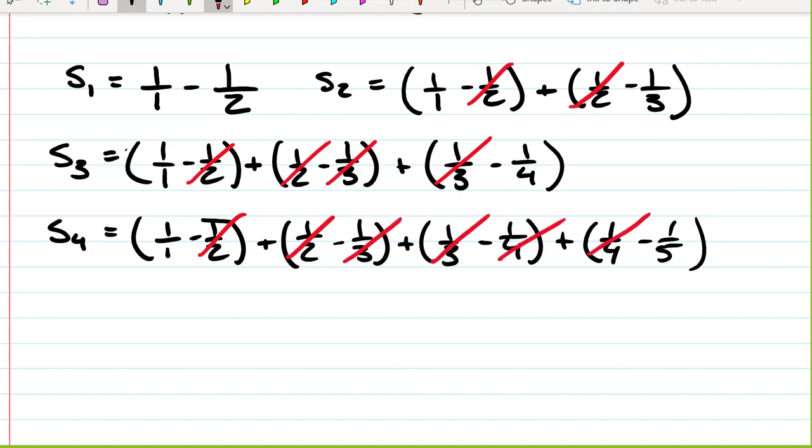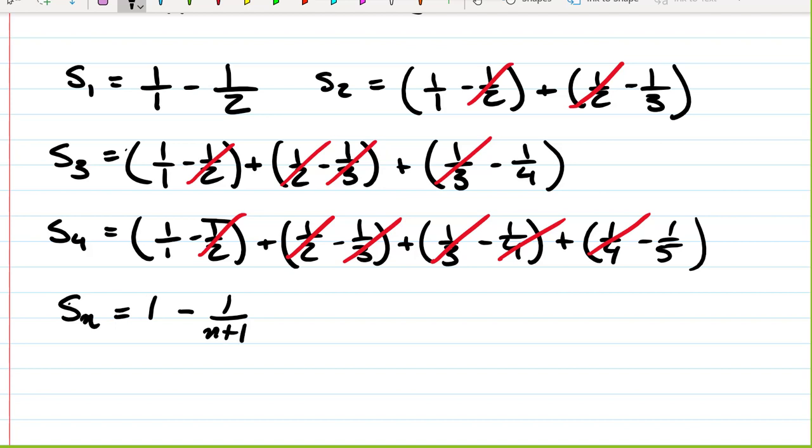So looking for a pattern here, we have S sub 1 is 1 over 1 minus 1 over 2. S sub 2 is 1 over 1 minus 1 over 3. S sub 3 is 1 over 1 minus 1 over 4. And S sub 4 is 1 over 1 minus 1 over 5. So based on that pattern, we would guess that S sub n is 1 minus 1 over n plus 1.